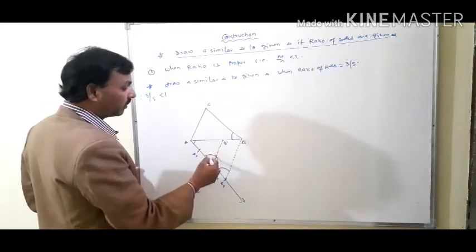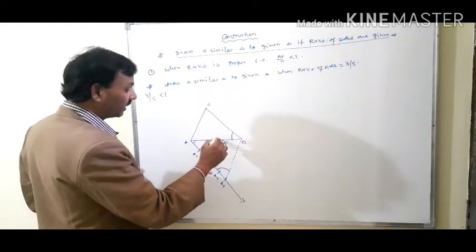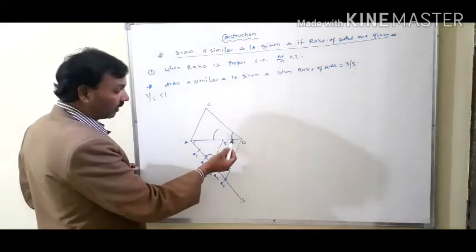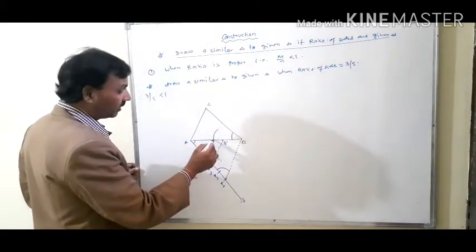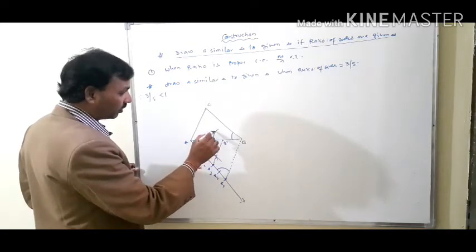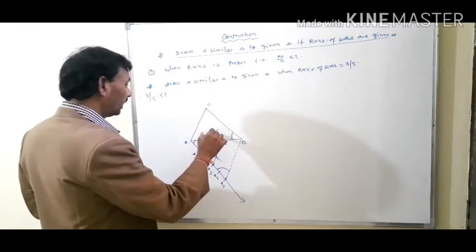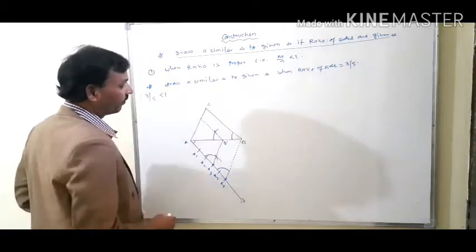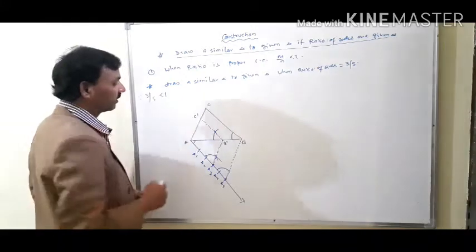By the same radius, cut another arc from B dash like this. Again measure the length of this arc in your compass and cut the same radius from here to this, and join B dash to this intersection point and draw like this. This line cuts AC at C dash.